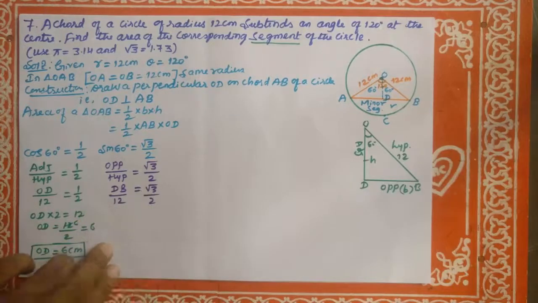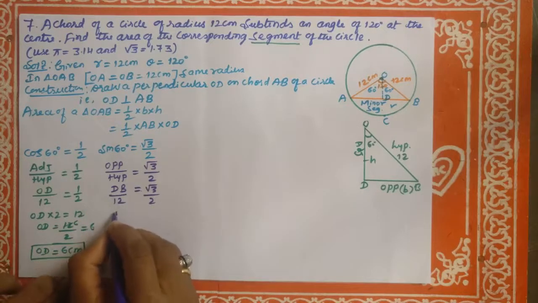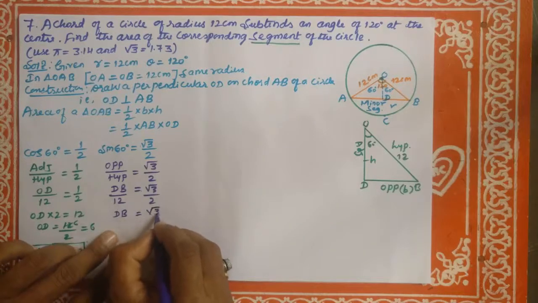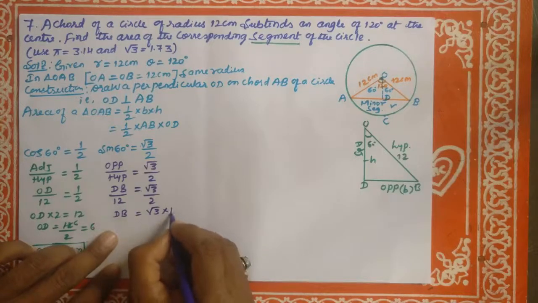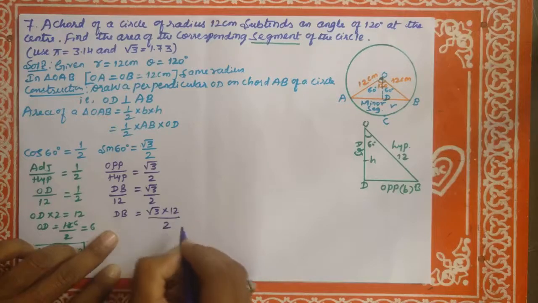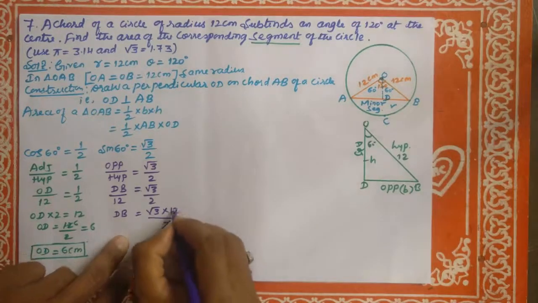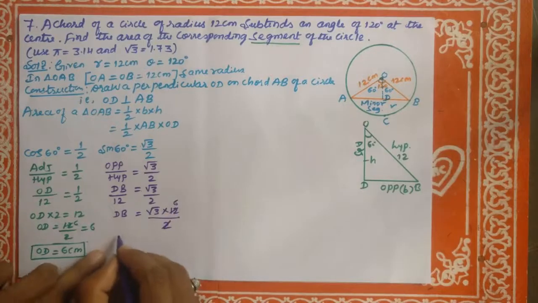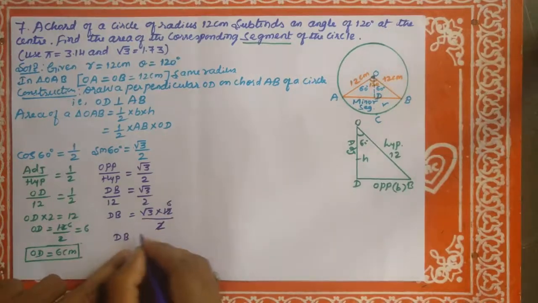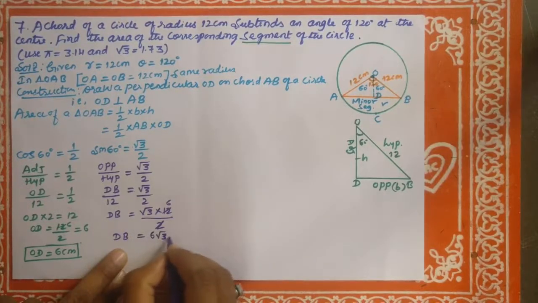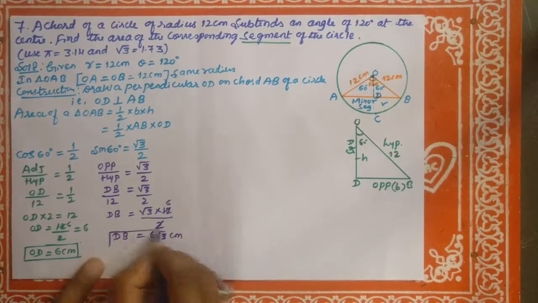By cross multiply, dB is equal to root 3 into 12 divided by 2. Now 2 ones are 2, 2 sixes are 12. Therefore, here dB is equal to 6 root 3 centimeter.